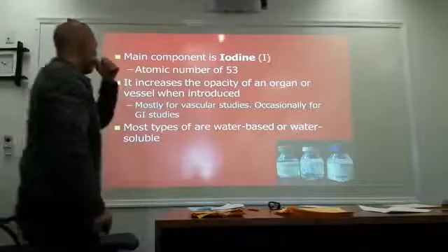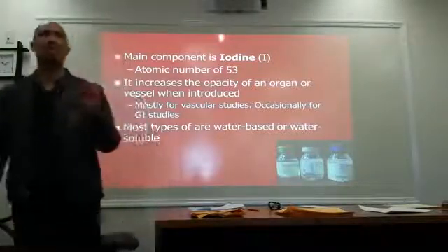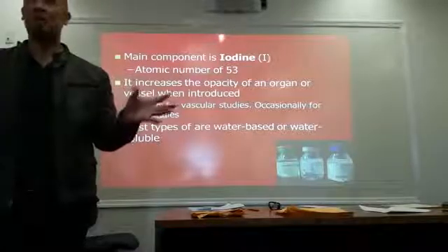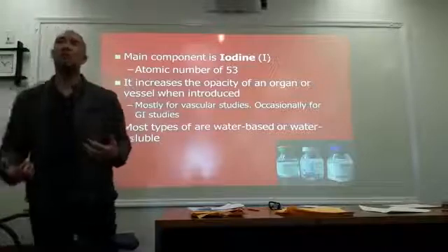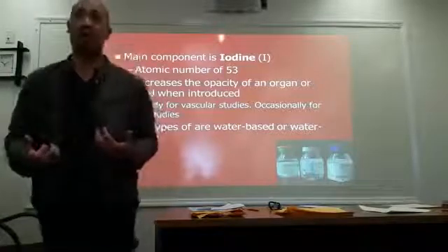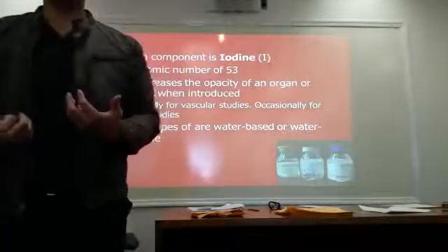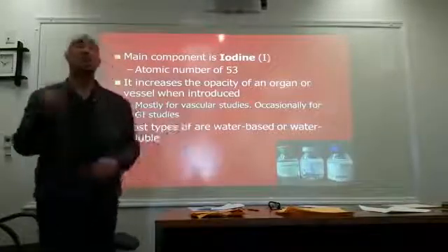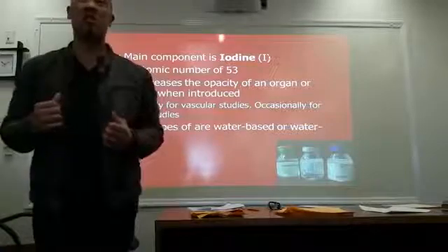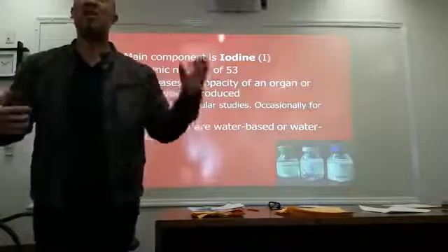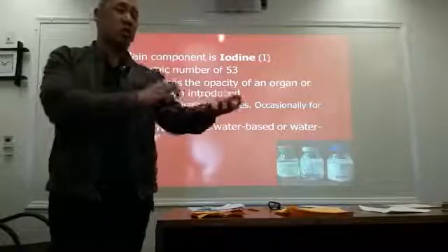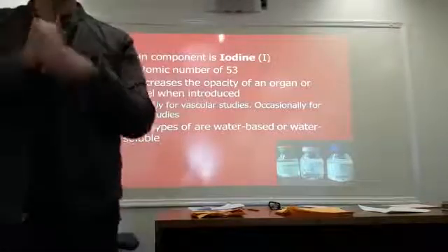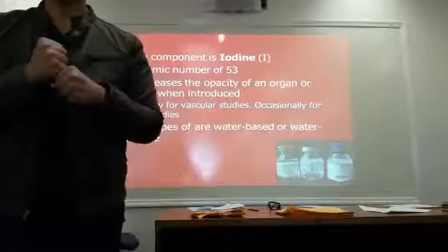That's why we don't like to use iodine for the GI system, because it has a lower atomic number. With barium at 56, you can see the outline of the GI system very well. With 53, you don't see it very well. That's why it's only used for the vascular system, because it's a smaller area. We're not looking at big areas. 53, when introduced to a small vessel, becomes very concentrated, so you can see the vessels very well. Is that making sense, guys?